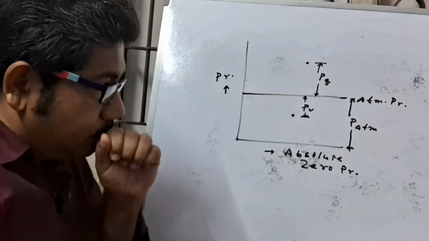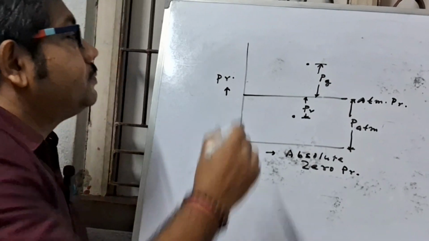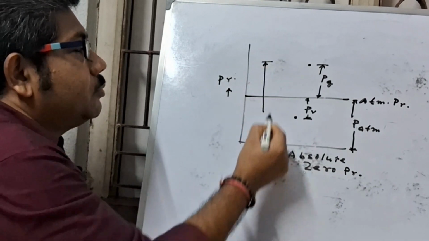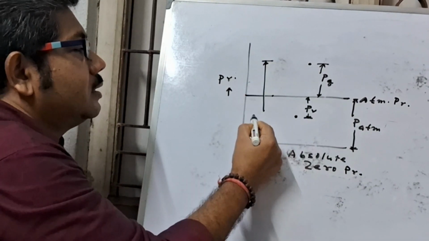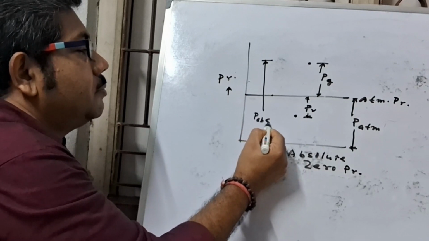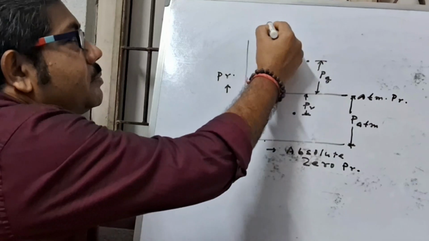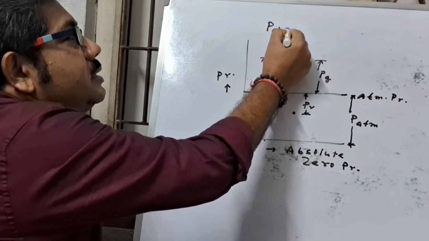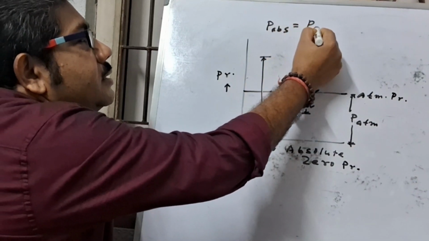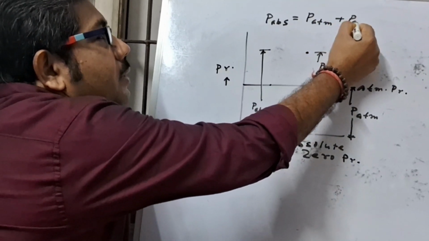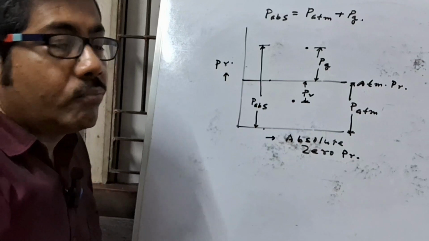When pressure above atmospheric pressure, absolute pressure, this is atmospheric pressure plus gauge pressure. This is P suffix ABS, absolute pressure, that is equal to P suffix ATM, atmospheric pressure plus gauge pressure.